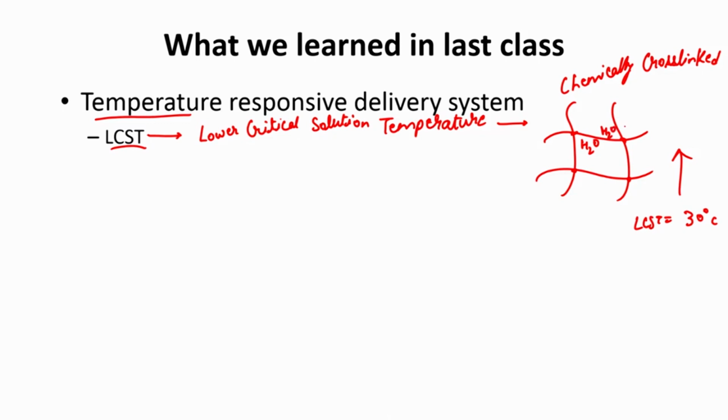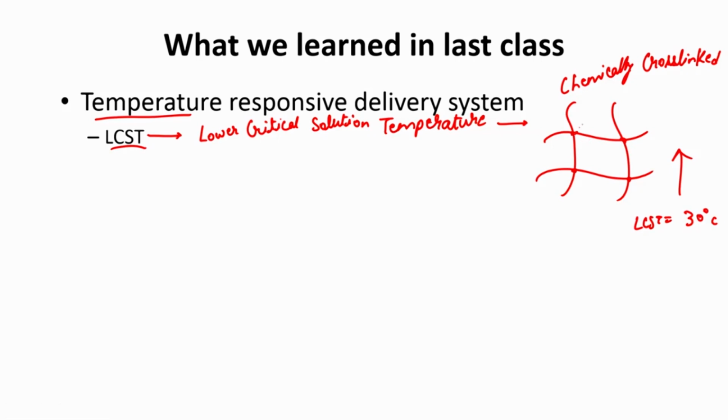But once you go to 37 degrees Celsius, which is our body temperature, this is going to become hydrophobic and it will not try to have interactions with water. It will then try to interact with other chains which are also hydrophobic.